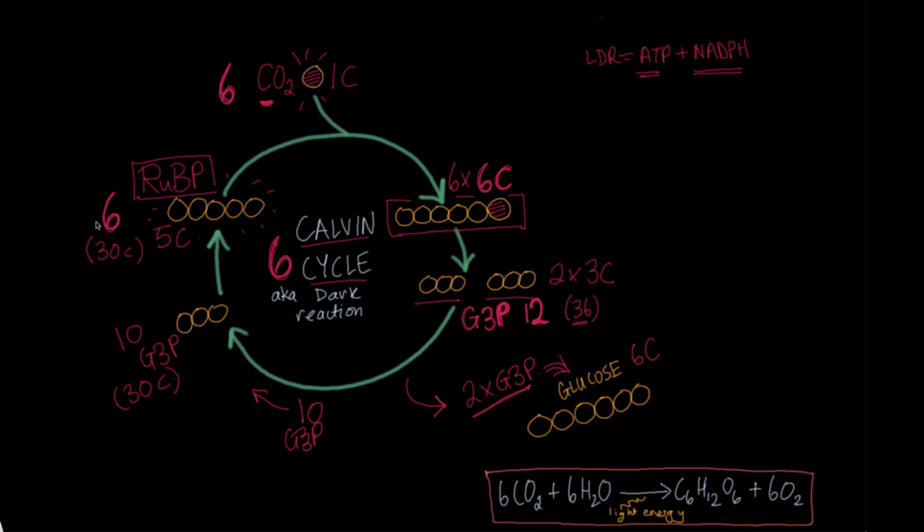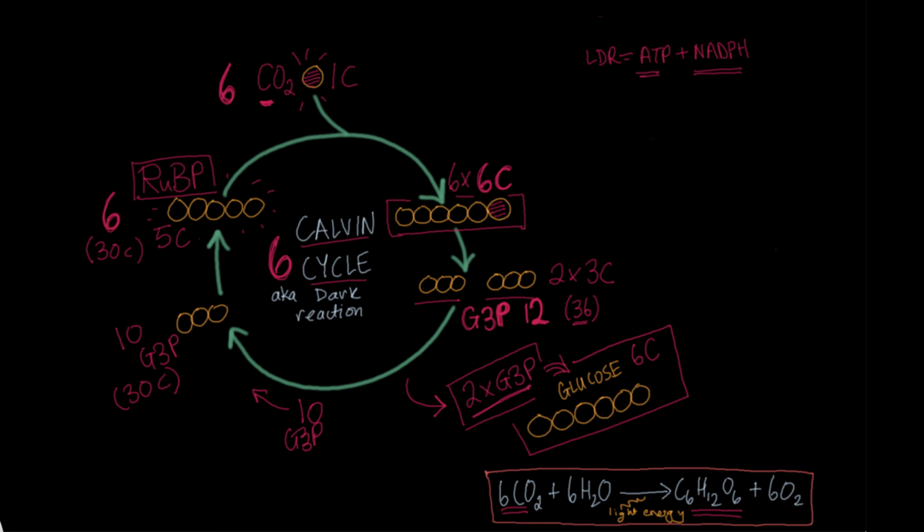What we have gained from this cycle is these 2 G3Ps that were siphoned off here, which are going to make glucose. So to make 1 molecule of glucose, the Calvin cycle is going to run 6 times. So if we go down to our equation here, this is where these 6 carbon dioxides come from. So 6 carbon dioxides is going to make 1 glucose molecule.